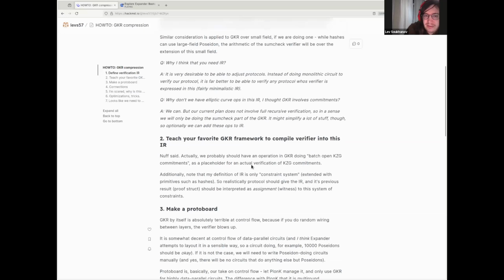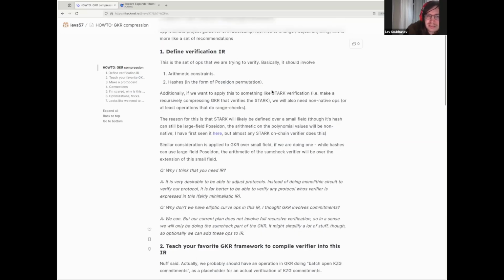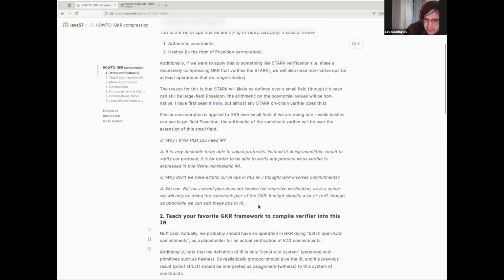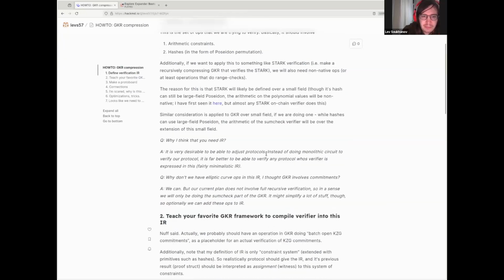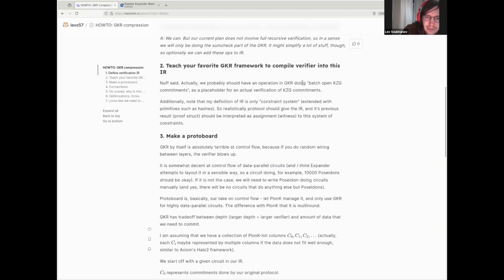Importantly, our IR does not involve any manipulations with elliptic curves, because we only want to perform the verification of the tail of GKR, which is some checks, and they only involve hashes and arithmetic operations. So it's not a full recursion, we are only compressing the tail.